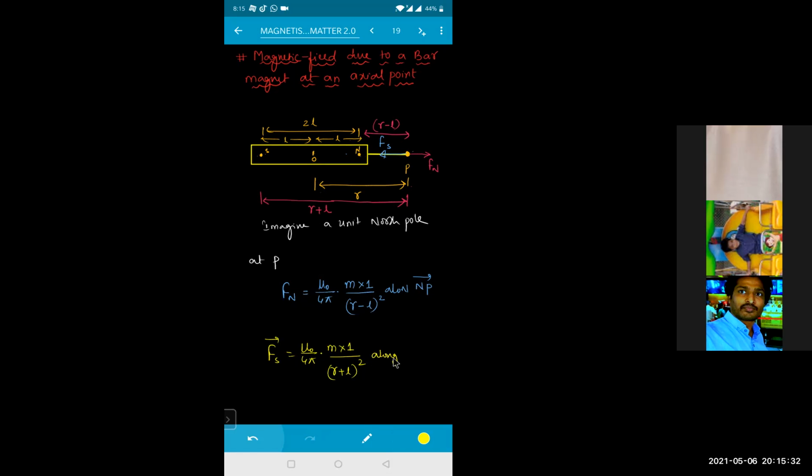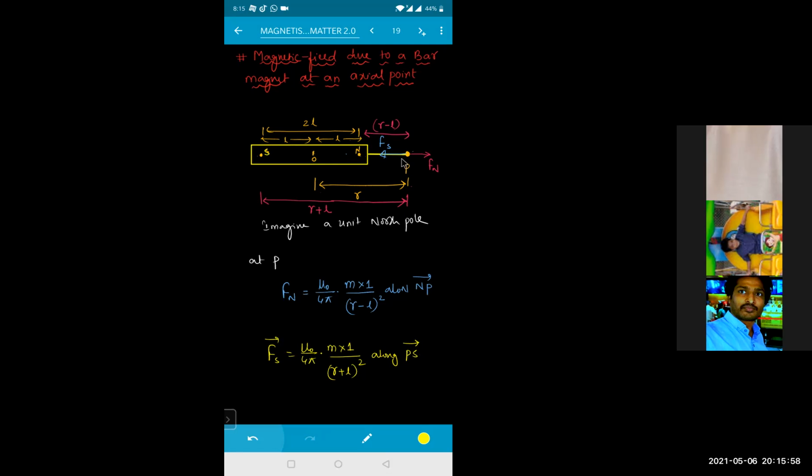This is along the direction P to S. The direction of the force due to the south pole is from P to S, and the direction of the force due to the north pole is from N to P. Both forces are in opposite directions, isn't it?